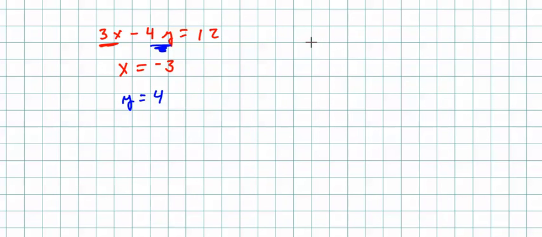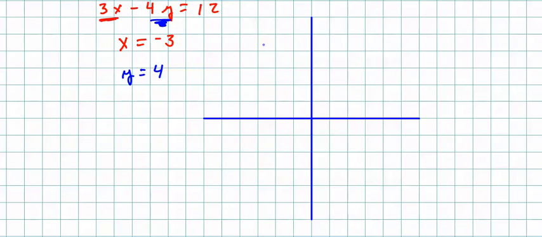So I draw my graph. This is my x-axis, and x equals negative 3. So that's 1, that's 1. x is negative 3: 1, 2, 3.